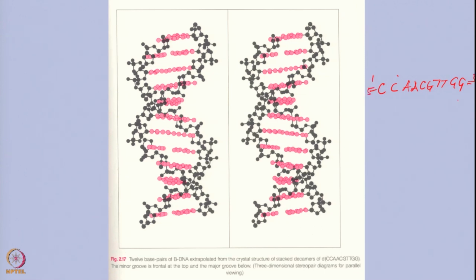Now what I do, I write the same sequence here back, CCAACGTTGG. So this is the 3' and this is the 5'. You see I have written the same sequence twice.